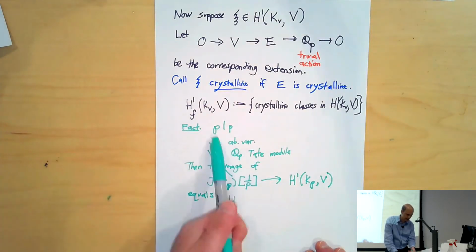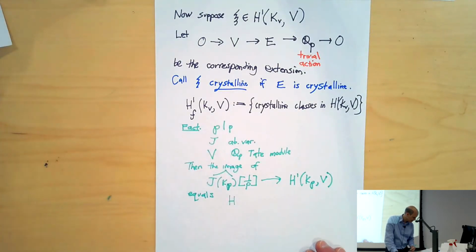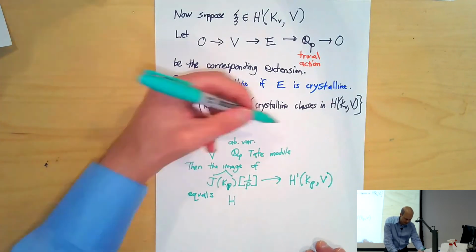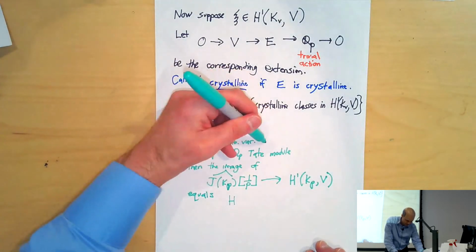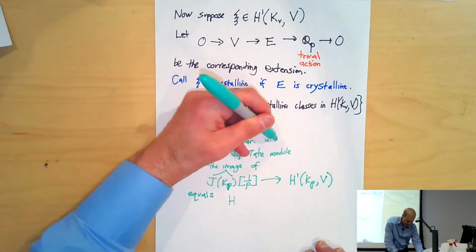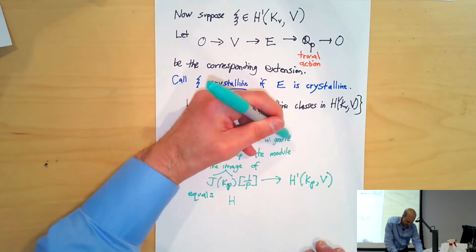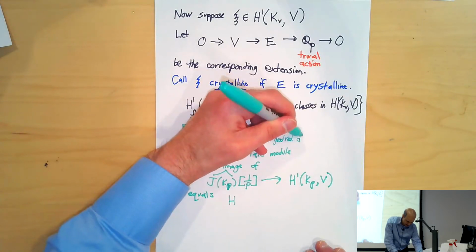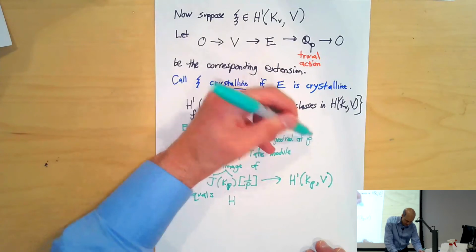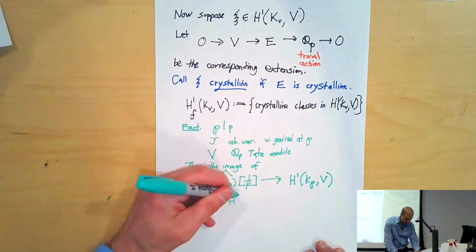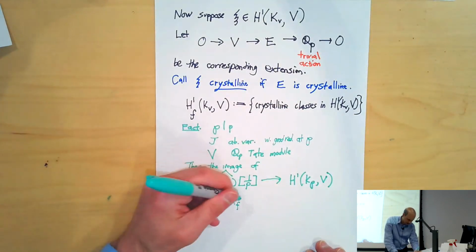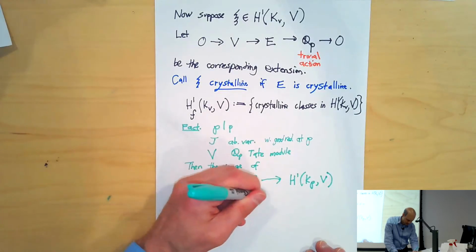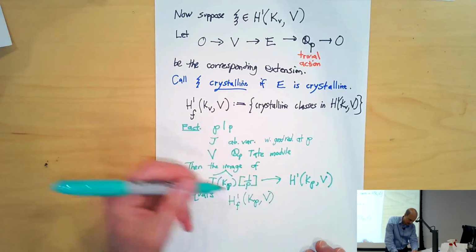And if you try to do this at a prime dividing p, where it's good, oh, maybe this does require good reduction at p, then this is equal to this H^1_f.